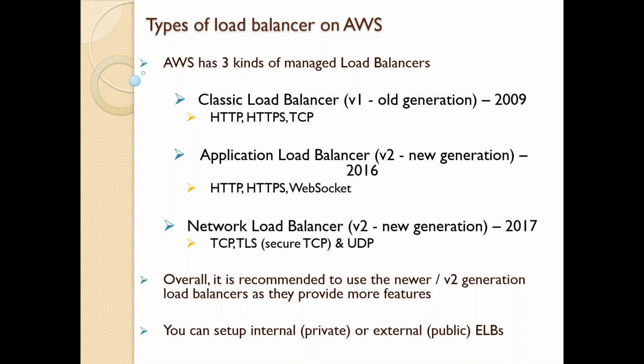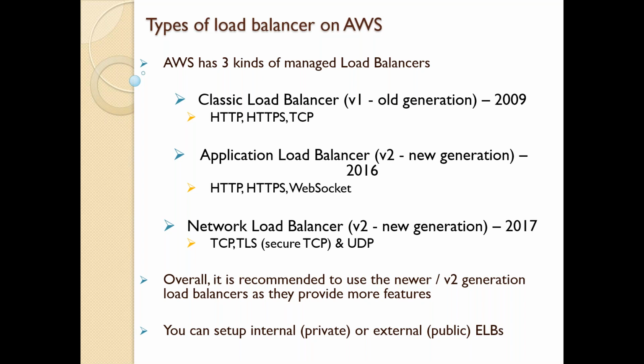So we have a network load balancer. Again, it got released in the next year, and it supports TCP, UDP, and TLS protocols. So it basically works on layer 4 of your OSI model. There are 7 layers. So the 4th layer is the network layer, whereas your 7th layer is your application layer.